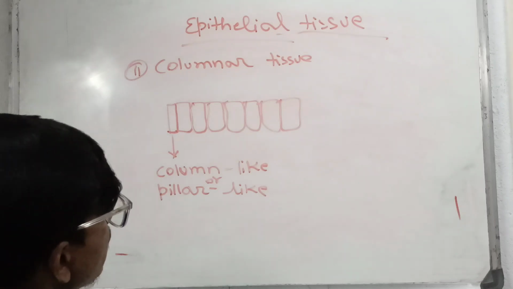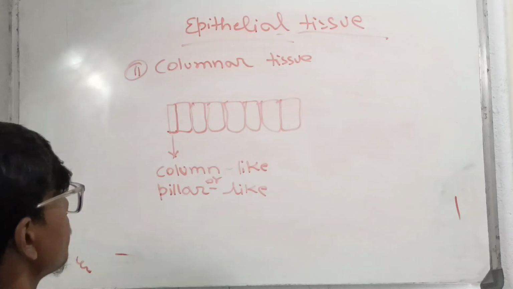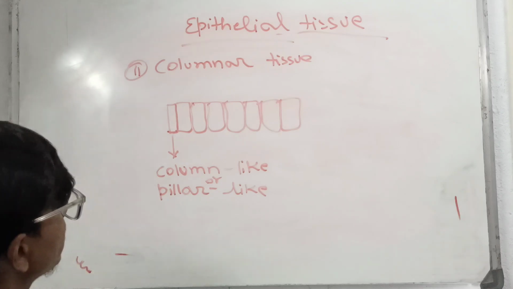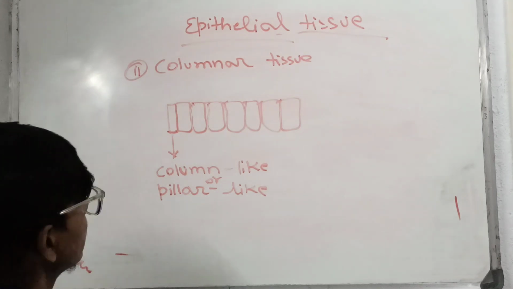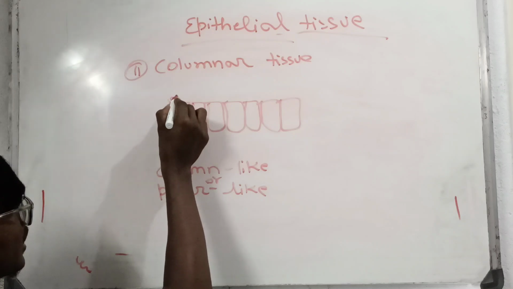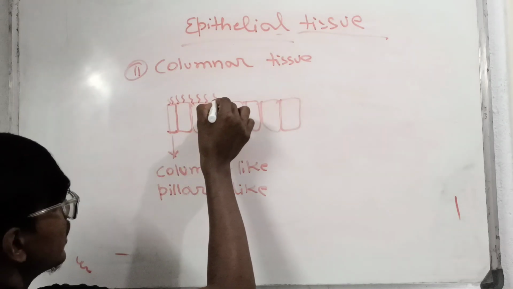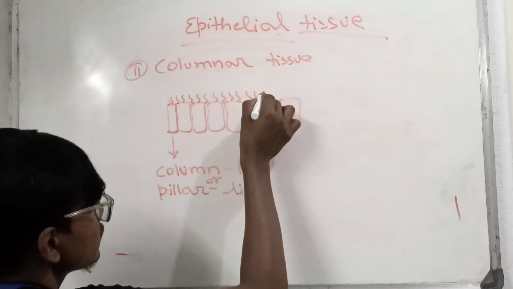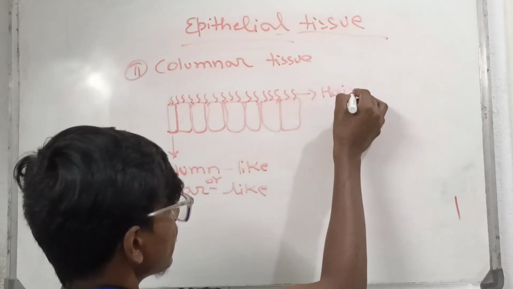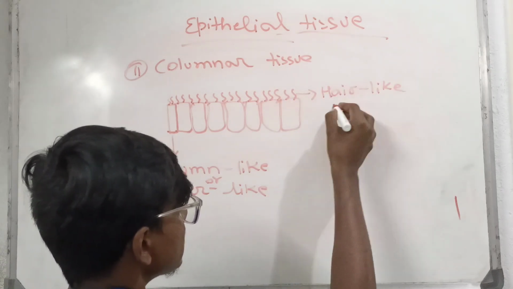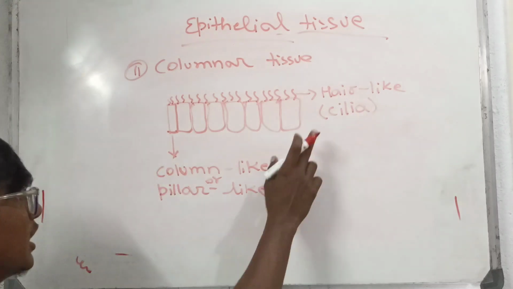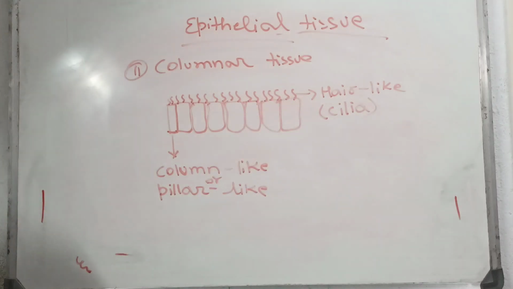This is the structure of the columnar tissue cells. Now, one main characteristic of this columnar epithelial tissue: these columnar cells will have a hair-like structure on the upper part or surface of the cells. This hair-like structure we call cilia.